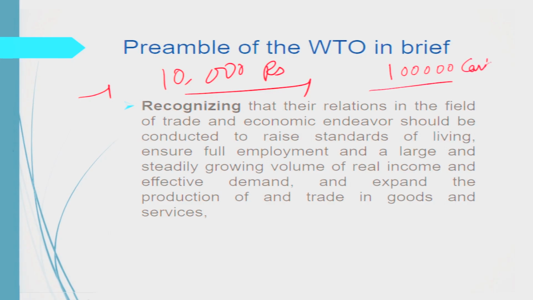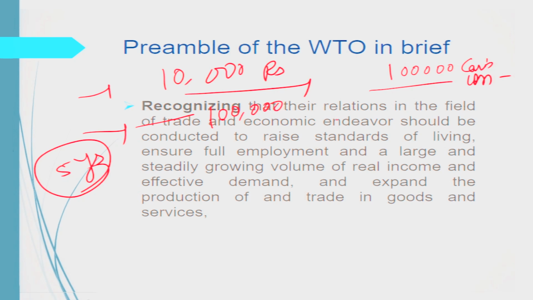Now if this person's salary is increased to 1 lakh rupees after 5 years, and the cost of the car is increased to 10 lakh rupees after 5 years, then there is no increase in real income, because he will not be able to purchase the car, just as he was not able to purchase it earlier.